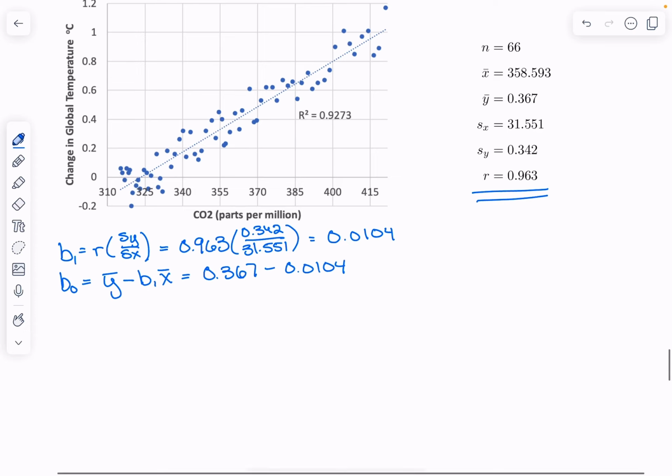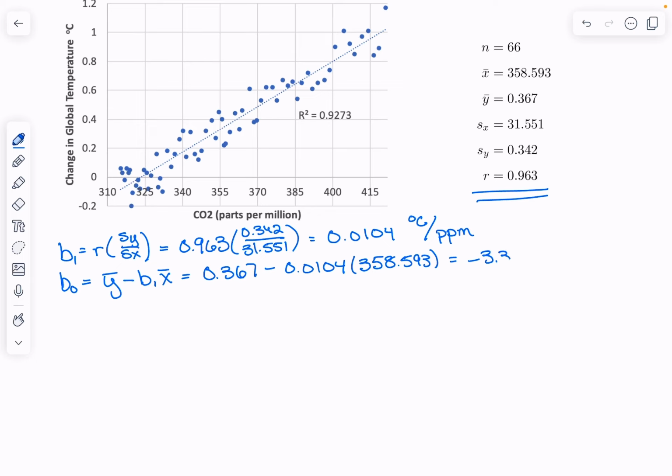The units here are going to be degrees Celsius divided by parts per million. And we're going to multiply that by something in parts per million. That's 358.593, the average of our CO2 data. And it's going to give us a negative 3.371.